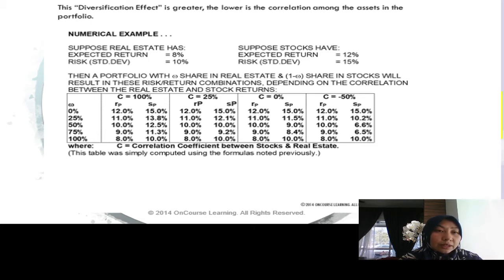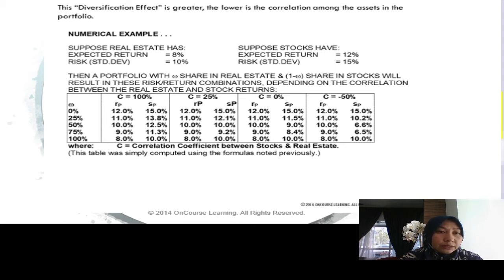This one is highly correlated, this one is low, 0% correlation, and its effect is better. So, this is the expected return and expected risk, whereby 100% correlated. This one is correlation 0, 25, 50 and 75%, where this is the correlation coefficient between stock and real estate.